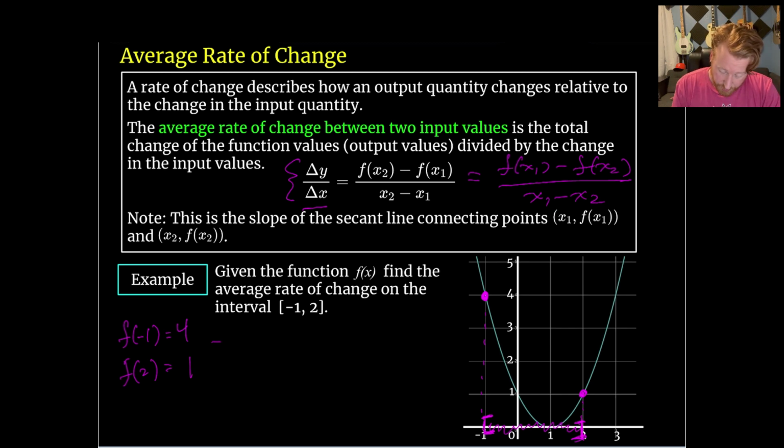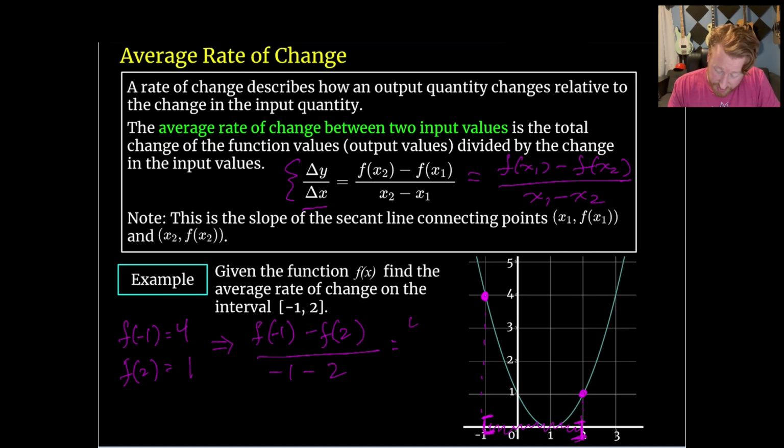So now, putting this together, I want to look at the change in the function outputs. That's what goes in the numerator of this quotient here. So if I look at f of -1 minus f of 2 over -1 minus 2. And then we can simplify from here.